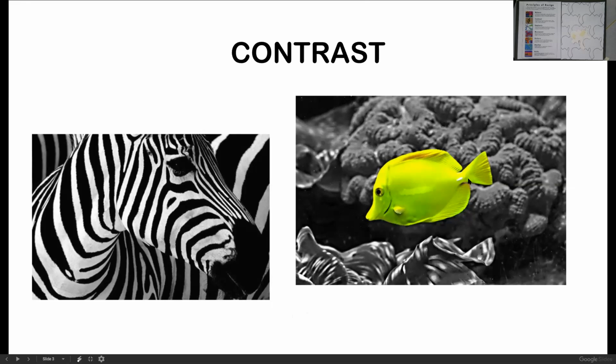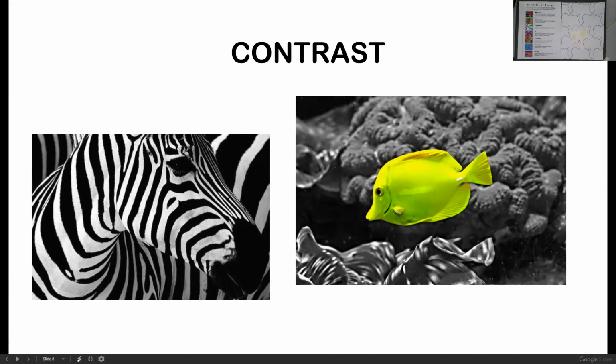Asher, what stands out in this picture? What do you think? The fish. Why does the fish stand out? It's because everything behind it is gray. You got it. The whole background is black and white and gray, and the fish stands out because it's a bright color.